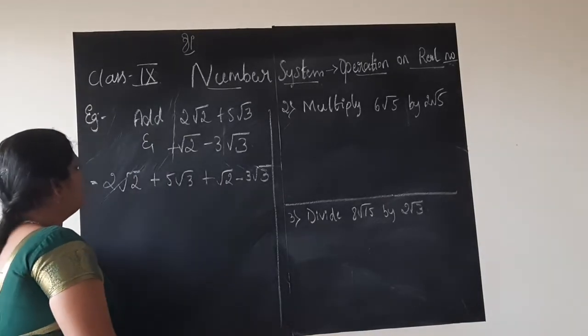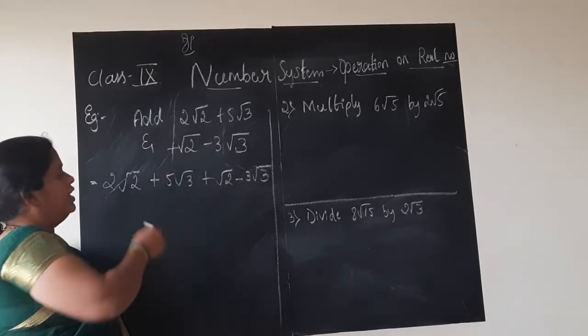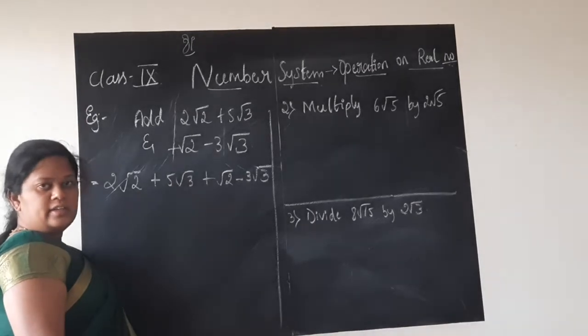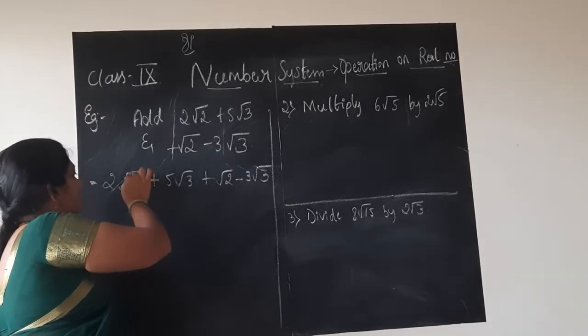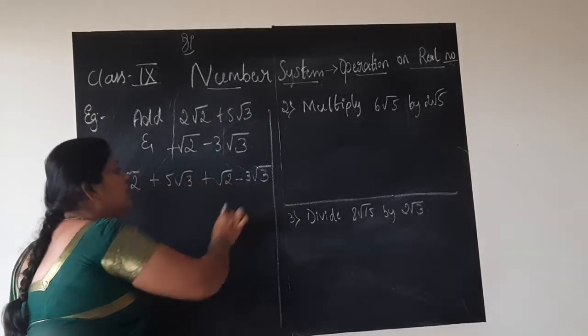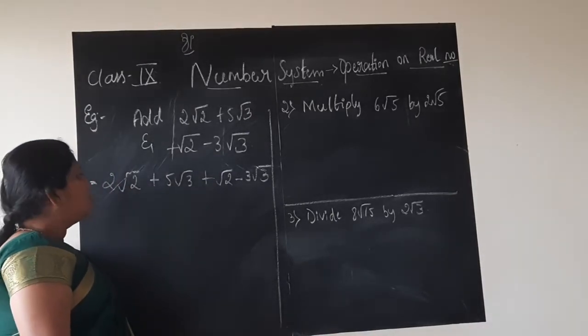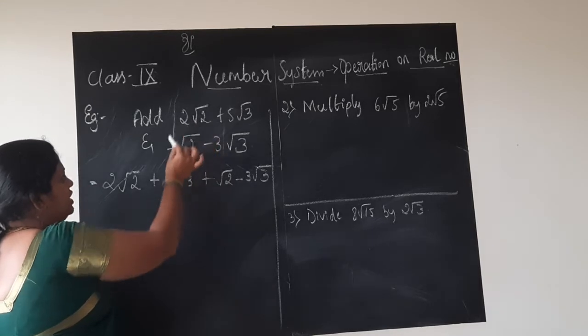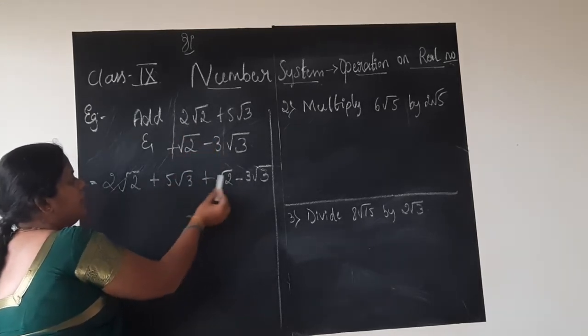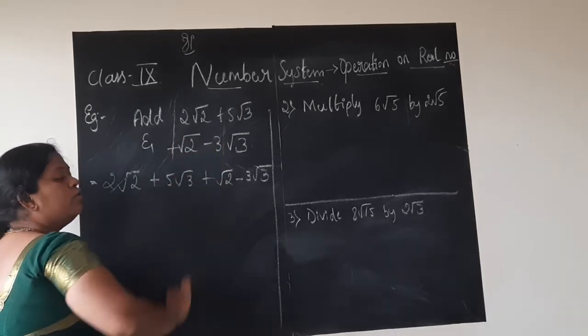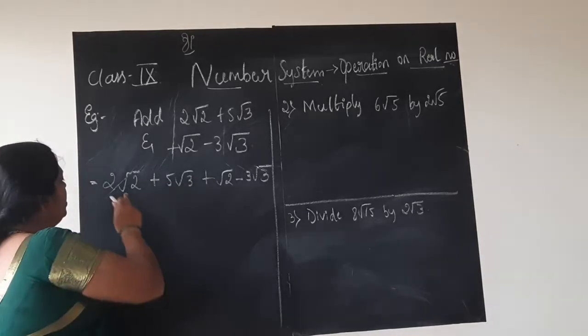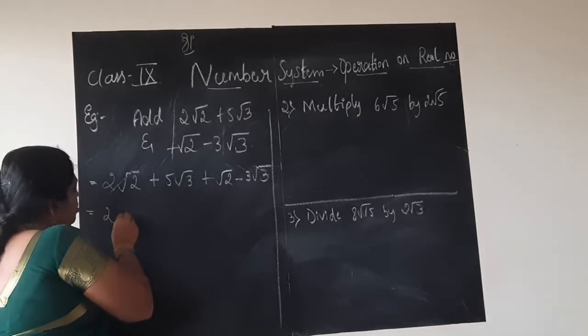Now simply, root 2 and root 3 and all, however I want, I cannot add. You know that, yes? The number inside the roots should be the same in order to add or subtract them. Hence, after writing these terms with a plus sign between them, we need to group the terms accordingly. First term 2 root 2 as it is.